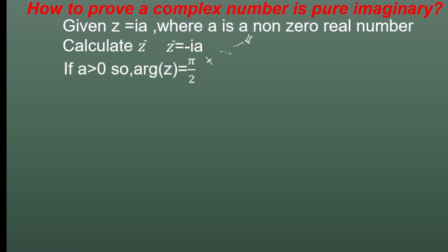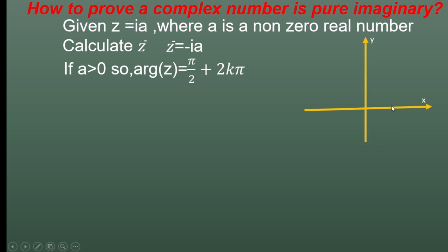If a is positive, the argument of z equals pi by 2 plus 2k pi. If a is positive, it means the image of z belongs to the positive y, and the argument of z equals pi by 2, pi by 2 plus 2 pi, pi by 2 plus 4 pi, pi by 2 plus 2k pi.